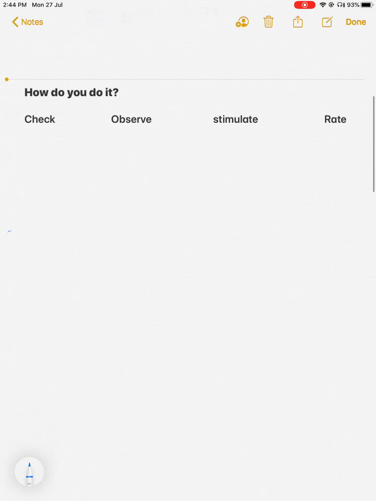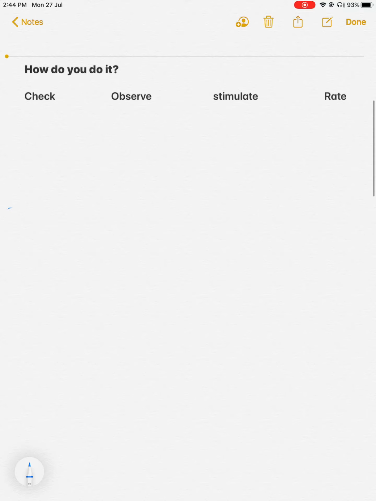So how exactly do we assess the GCS? First, we have to check whether the patient has any factor interfering with communication. You have to rule out any factor interfering with communication.